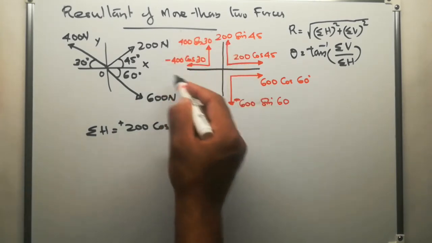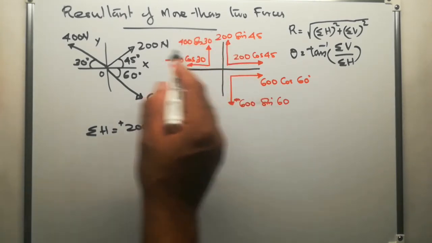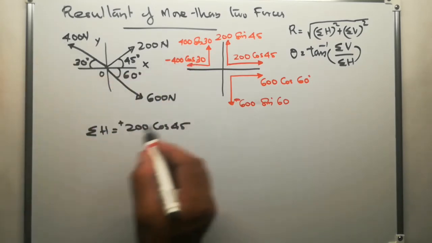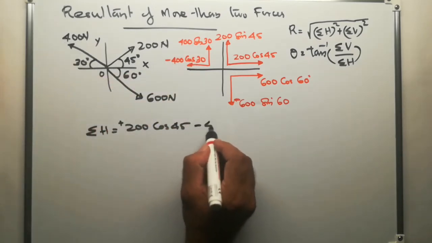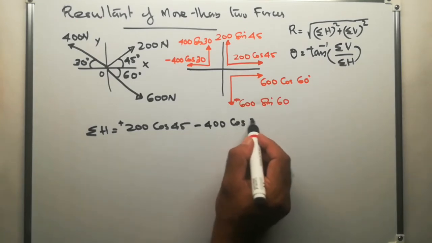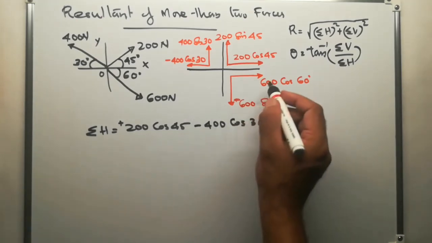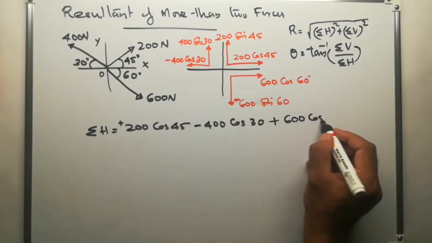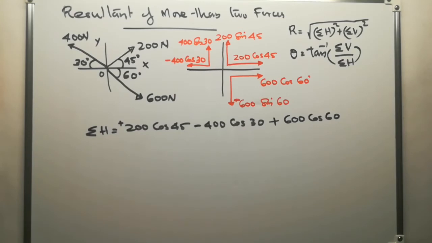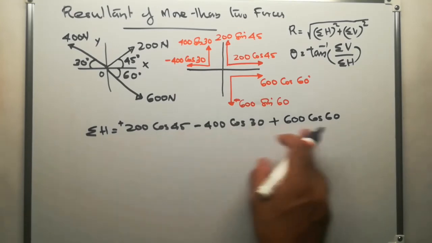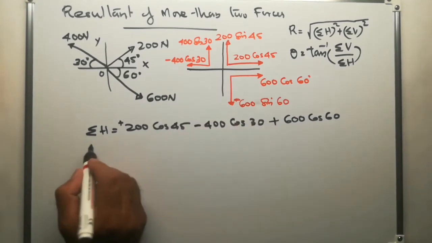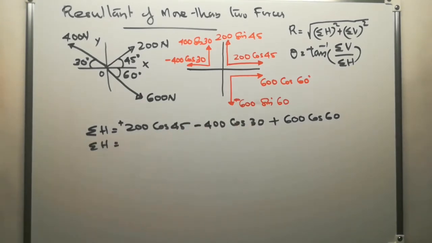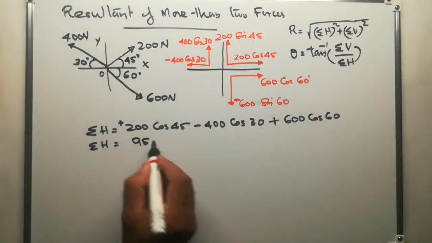Then the component of the 400 Newton force in the horizontal direction is minus 400 cos 30, and for the third one it is plus 600 cos 60. So when you simplify this, we will get sigma H equal to 95.01 Newton.